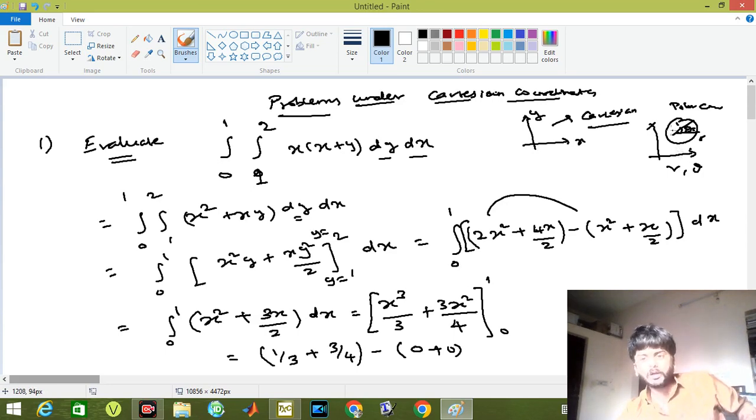You are studying only Cartesian and polar coordinates, x and y, and r and theta. After that, in 3 dimensions you will study r, theta and phi, but for this part of the syllabus you are not required to know about this. So only Cartesian and polar coordinates are enough.